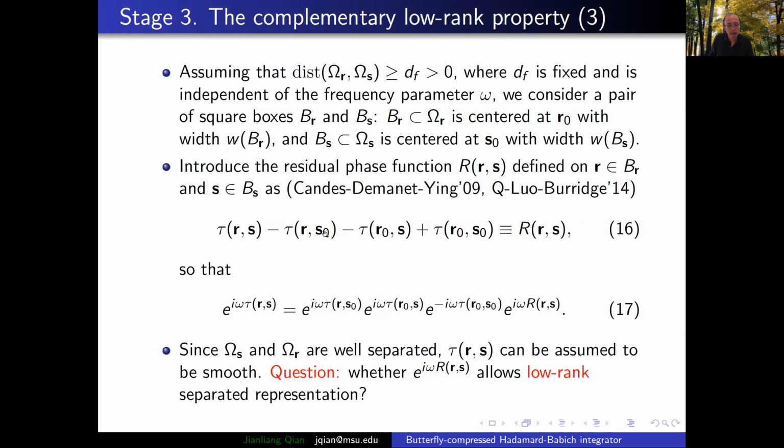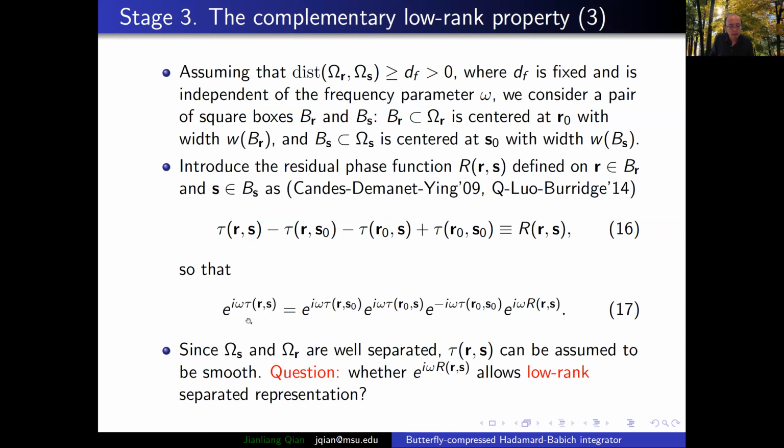Then there's a center S0 and a center R0, and we define this as the residual phase function, capital R.